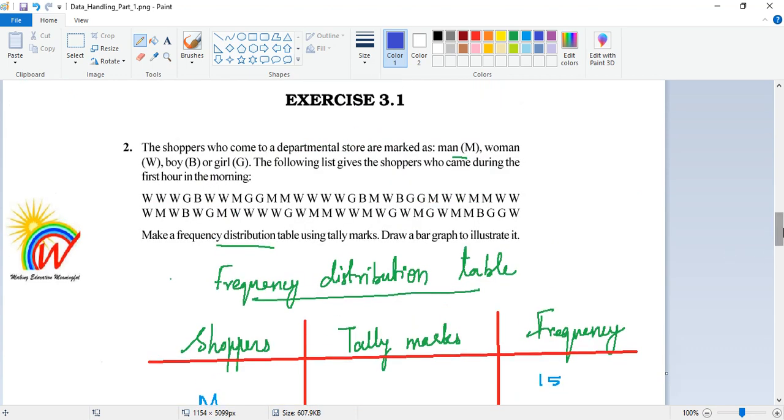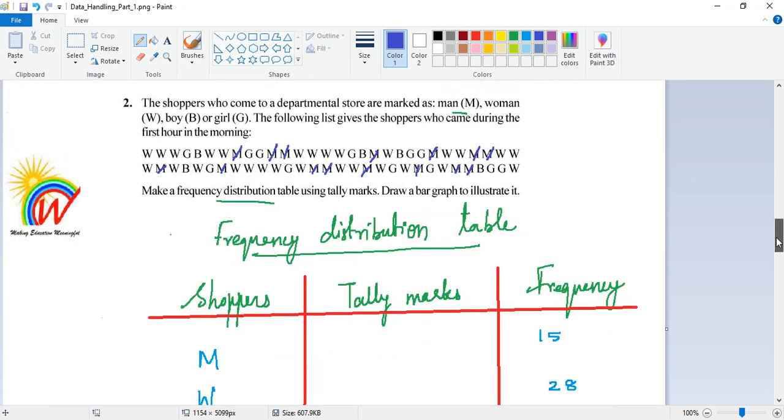So there are, see, 1, 2, 3, 4, 5, 6, 7, 8, 9, 10, 11, 12, 13, 14, 15. So 15 men are there. So how do I write the 15 men? Tally mark.